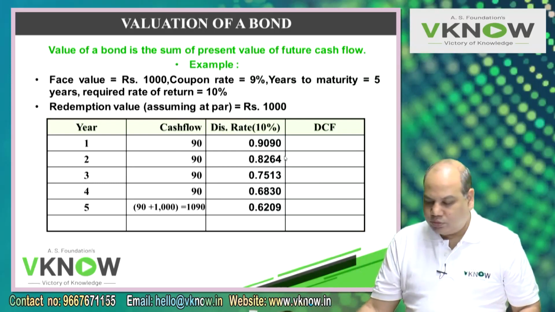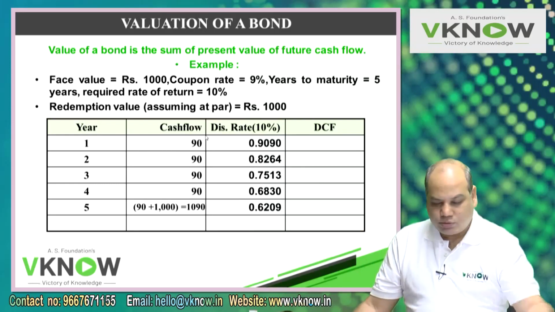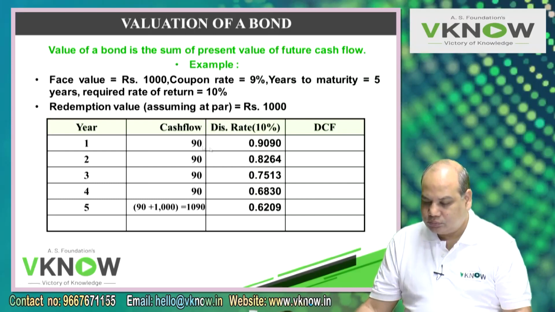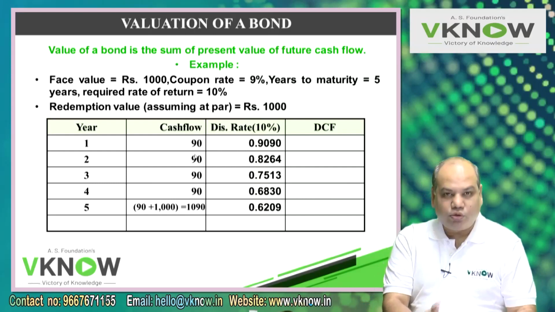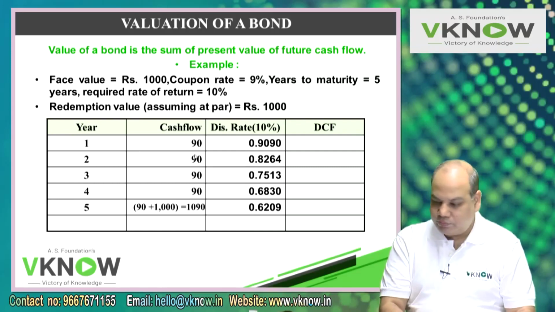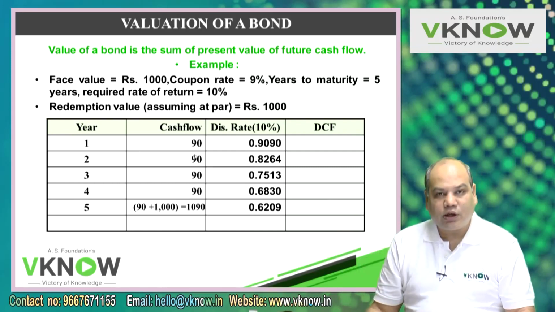Now what you do, take your calculator and I will tell you how to do it fast. You have to multiply the same number 4 times, 90. So first time what you do with me, 90 into 0.9090 equal to, and I have to take the total of the last column.